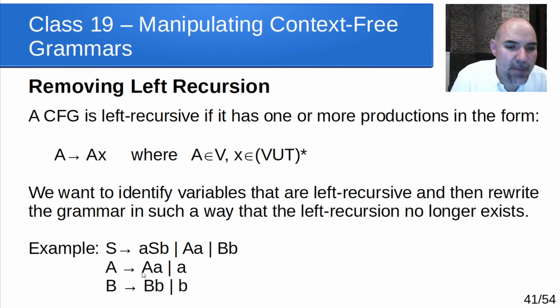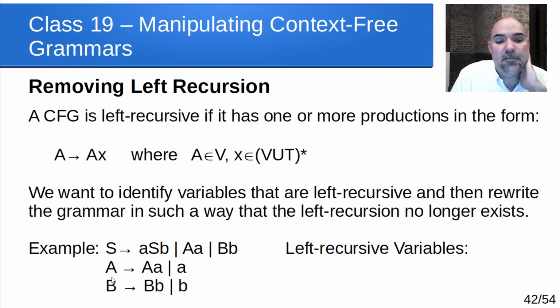In this case, the answer is yes. So A is a left recursive variable. And B also is. Notice here's a production where it starts with B. So that's a left recursive variable. So in this case, we have two left recursive variables, A and B. Here's the production right-hand side starting with the same variable that's on the left-hand side. Both true for A and true for B.